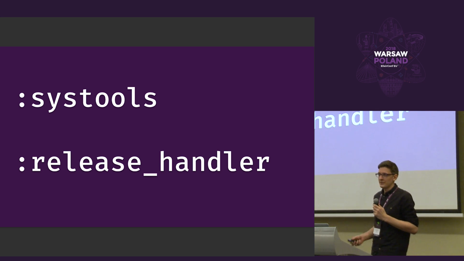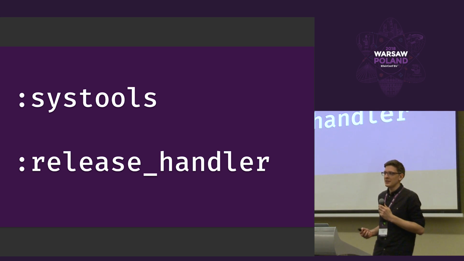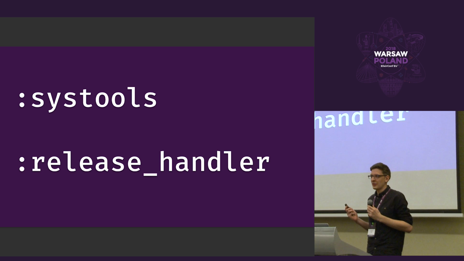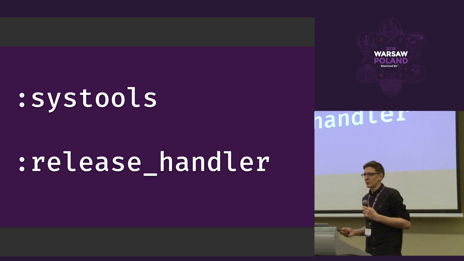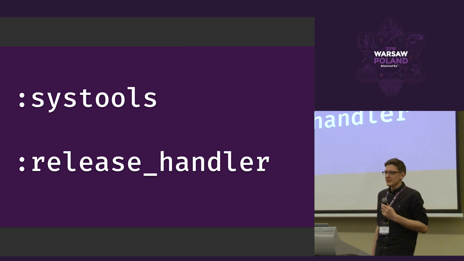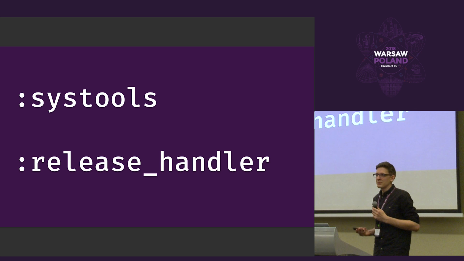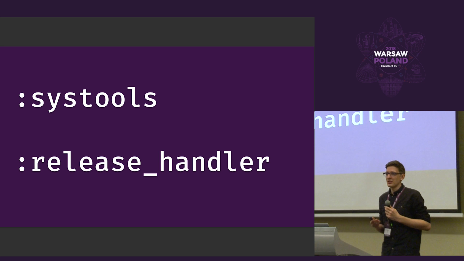And you do have to list this SASL app as a dependency if you do want hot upgrades, because the release handler, that's the part that you're going to be calling when you unpack, install, or remove releases on your production system. So the SASL app needs to be part of your release. Systools, that's the sort of offline release assembly module. It does stuff like write the boot scripts, generate the relup file, and zip up your tarballs.